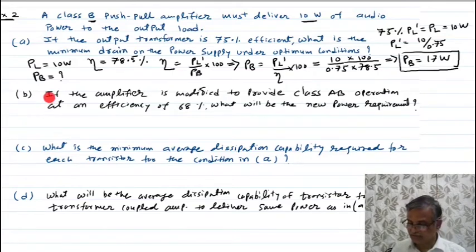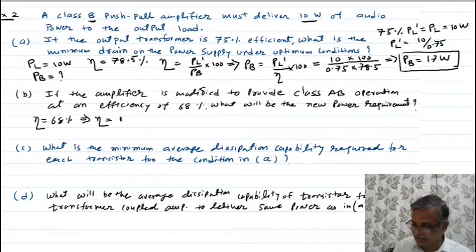Second question. If the amplifier is modified to provide class AB operation at an efficiency of 68%, what will be the new power required? They have given eta as 68%. So eta is equal to PL dash upon PB into 100.